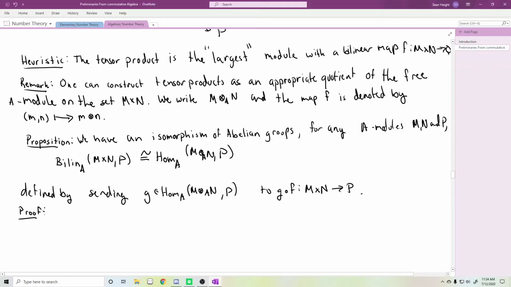So proof: use the universal property of tensor products to check this map is bijective.